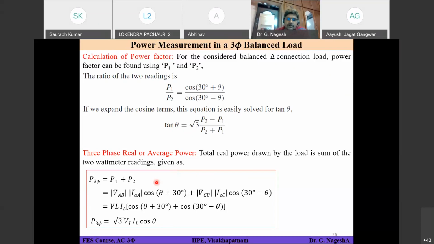If you expand it, we have already proved that the P1 plus P2 reading will be equal to your three-phase power, root 3 VL IL into cos theta, which we discussed in the previous class.